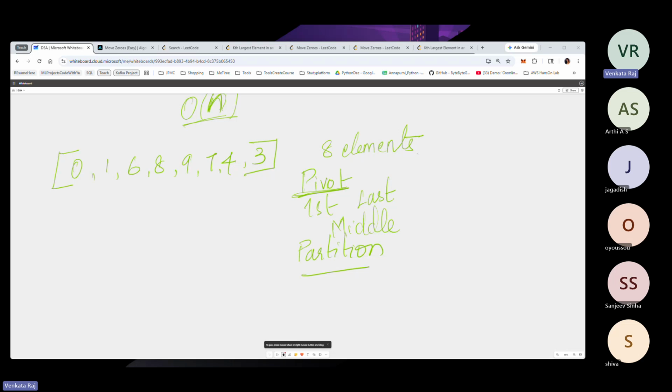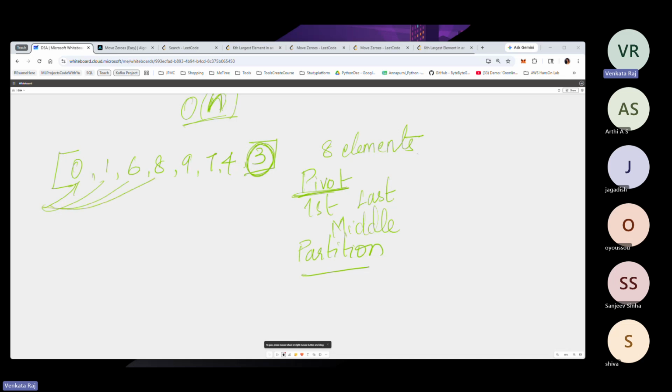Here we focus on one side of the array. Let's see an example. When you pick a pivot, consider you are taking the last element, and you traverse each element through the array: 0, 1, 6, 8.